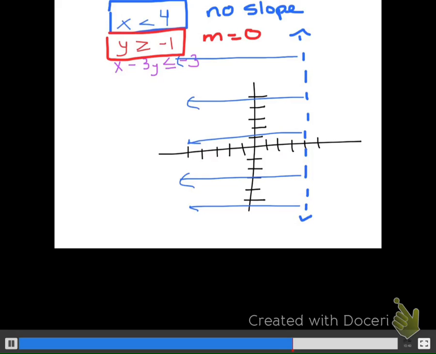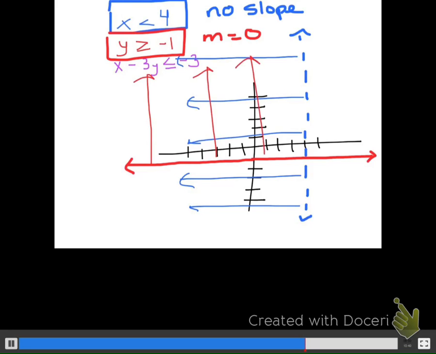So this is a horizontal line because y is always greater than or equal to negative 1. And notice I am going to put a full line this time because of the or equal to. And it is greater than, so that means we are going to shade above. So notice we are to the left of this blue line and we are above the red line. So we're in that area to the left.